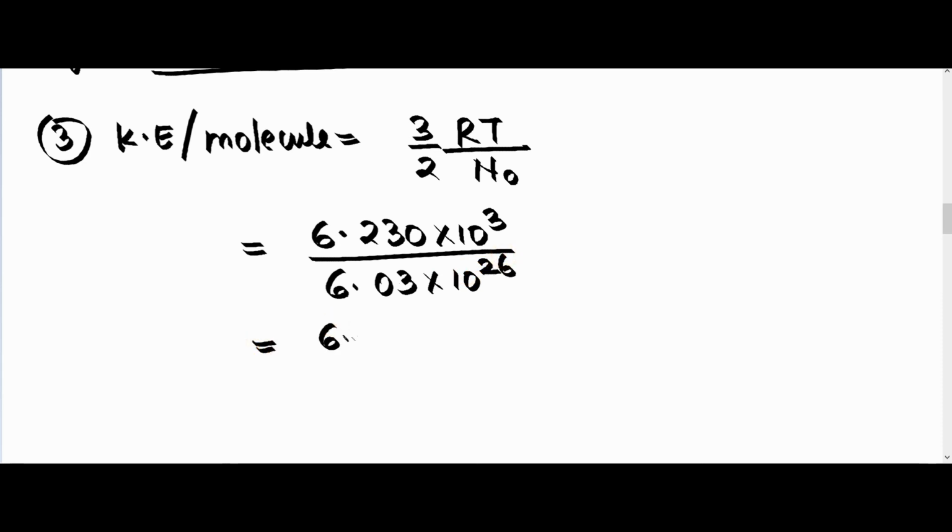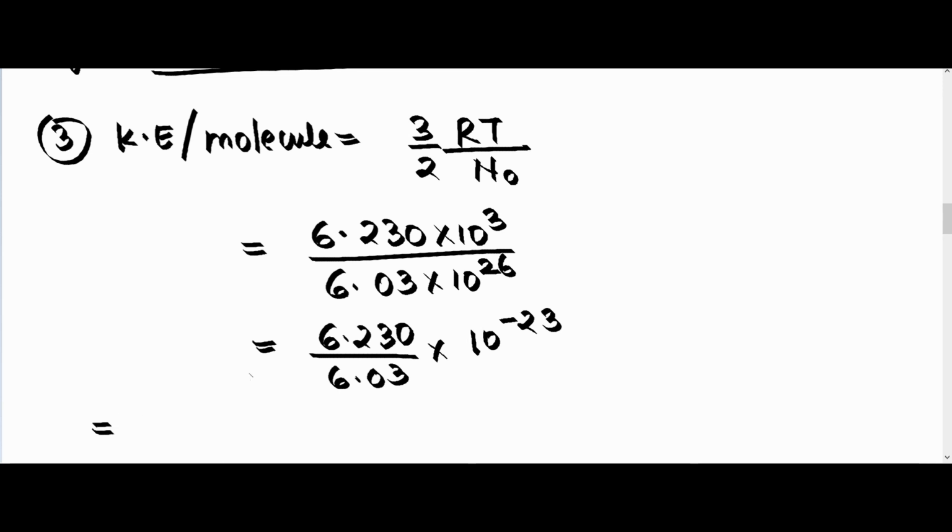The 10 raised to 3 is already in the numerator. Now take 10 raised to 26 from the denominator to the numerator, and it becomes 10 raised to minus 26. So 10 raised to plus 3 minus 26 gives 10 raised to minus 23.